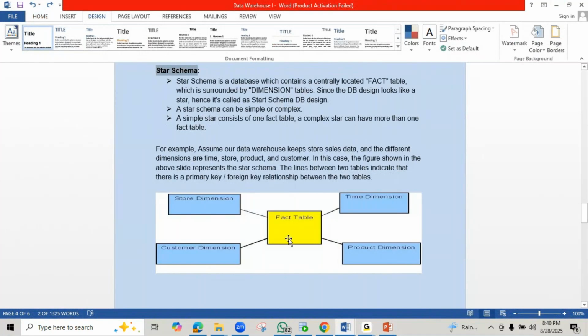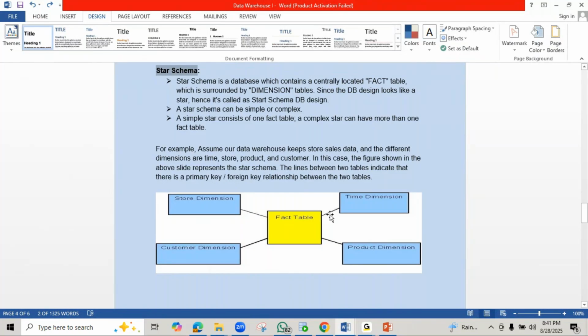A star schema will have one centrally located fact table, which will be surrounded by multiple dimension tables. The arrow line indicates that there is a relation between the fact table and the dimension table.